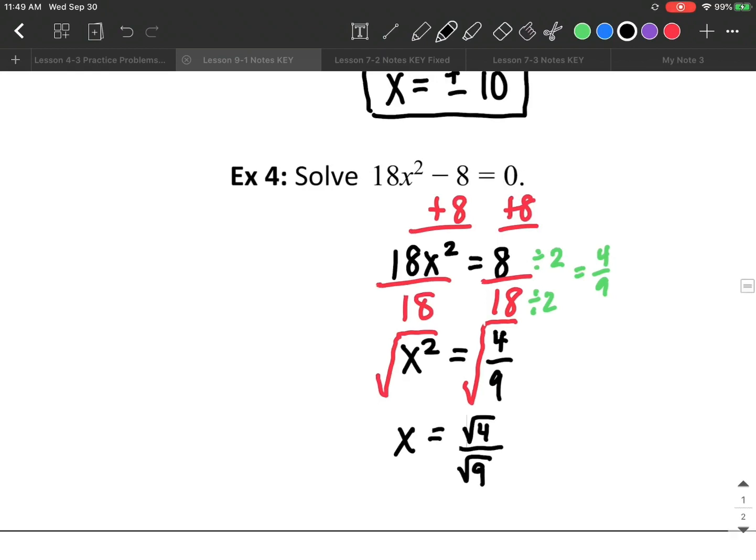So my answer here is, in the top, the square root of 4, it's either plus or minus 2, and in the bottom, it's 3. So I only have to include the plus or minus once for a fraction. I need to say that it's either going to be positive 2 over 3 or negative 2 over 3. So really my answer is over here, x is equal to plus or minus 2 over 3.